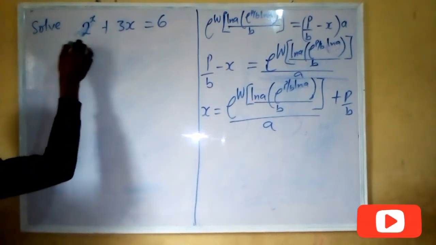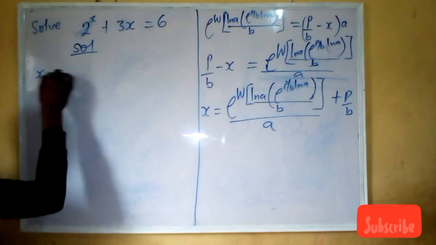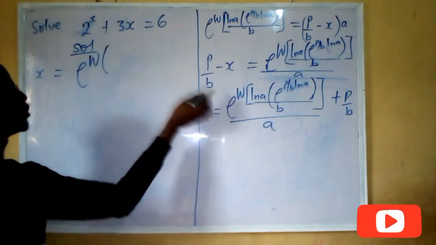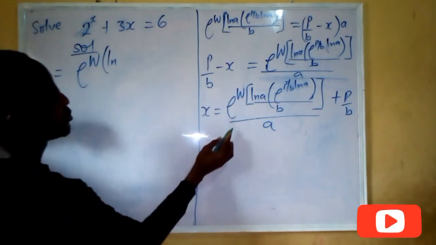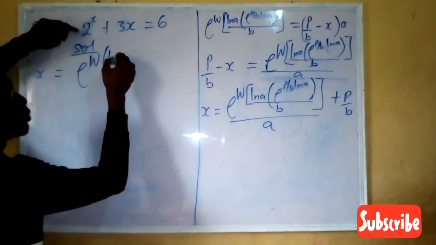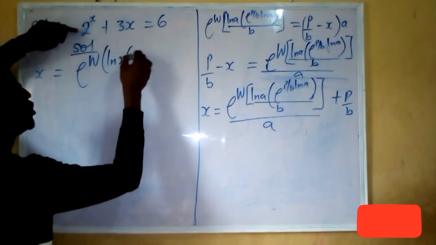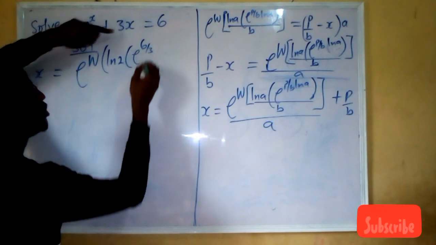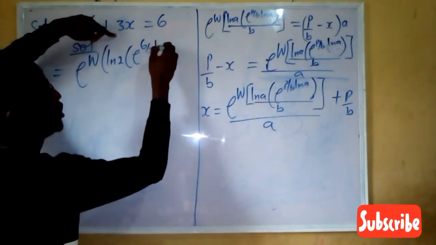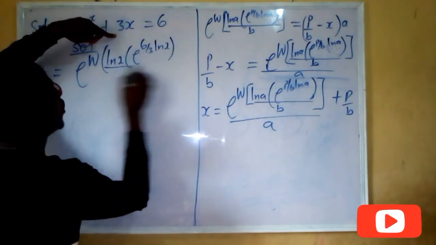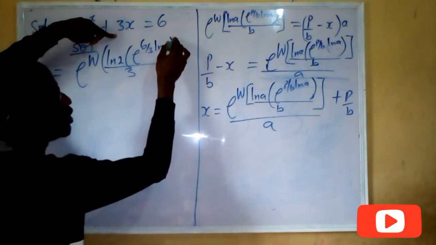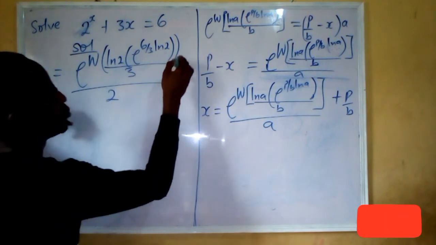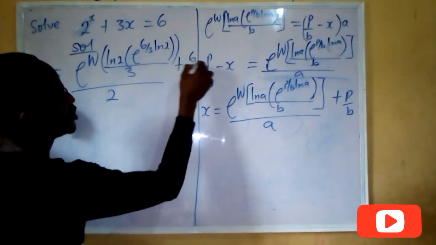So we have the solution that x equals the exponential of the Lambert W function of ln a, a happens to be our 2, so we have into e raised to power, p happens to be our 6, so we have 6 all over 3, that's 3 is b, then ln 2, so all over 3, then that is all over ln 2, then plus p, which is 6 all over 3.